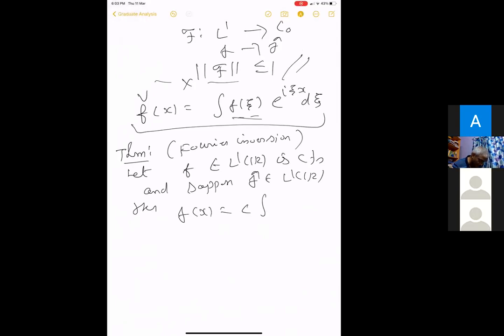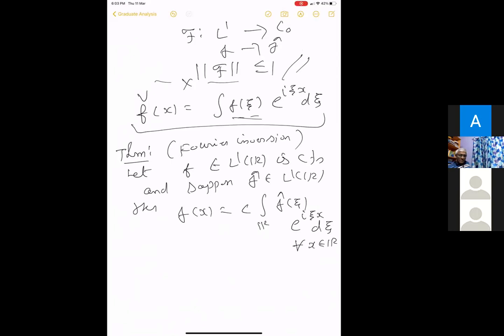Constant times the integral over R of f hat of xi e power i xi x d xi. So this is what is called the Fourier inversion formula. But the point is, when f hat is not in L1, we cannot make sense of this integral.